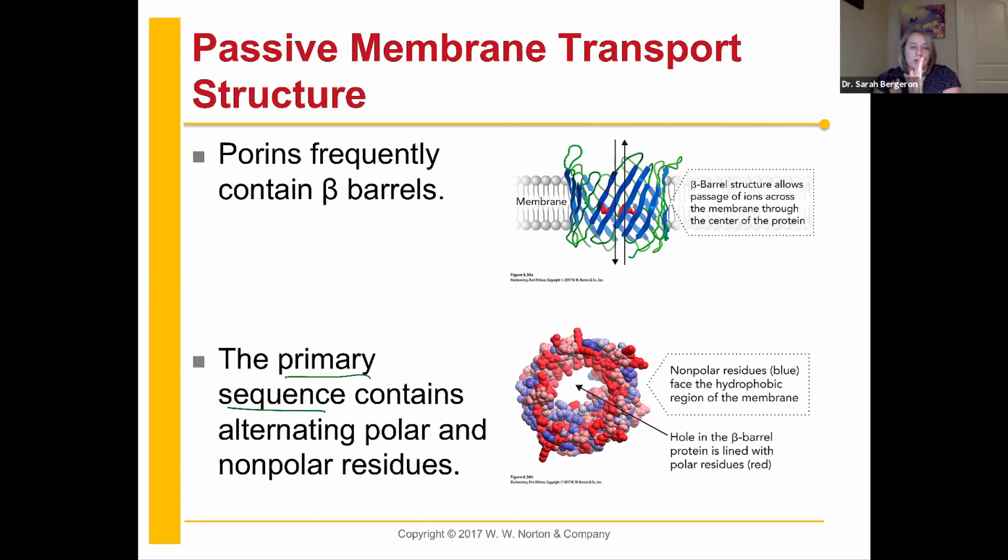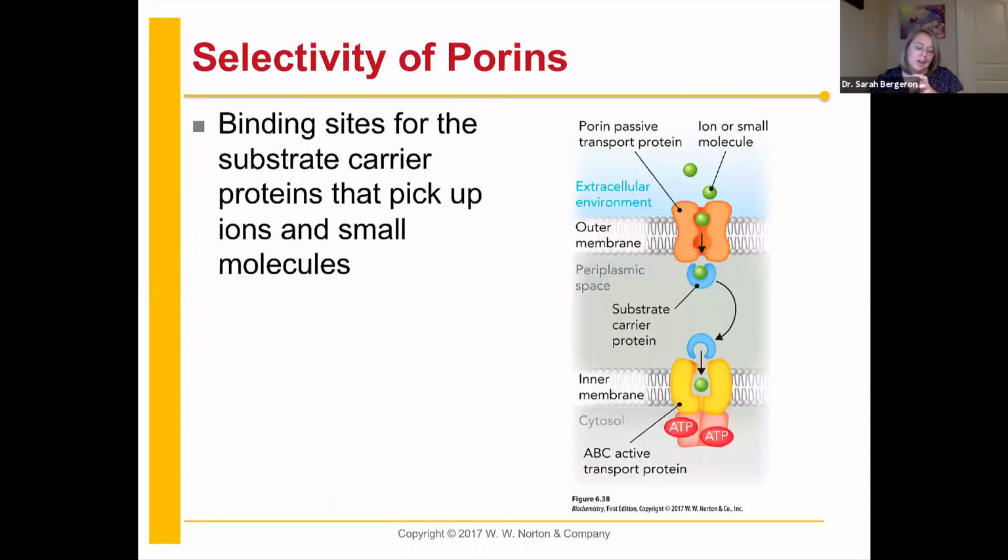So all the polar residues are on one side, and all the nonpolars on another side, so that our nonpolar residues are going to face outward towards the membrane, and our hydrophilic charged residues are going to face the inside of the pore, so they can interact with whatever polar molecules are being transported. So you can have really selective or really non-selective porins, and it's going to depend on the number of beta strands, which determines the porin interior diameter.